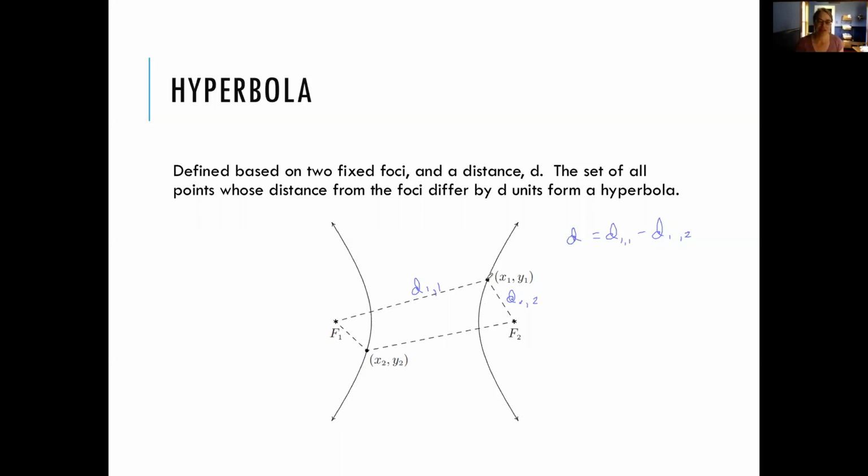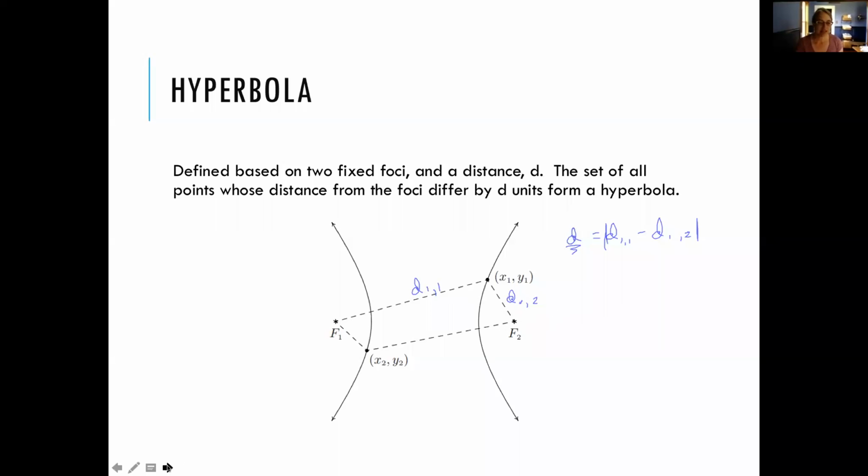But regardless, if we take the difference between these two distances, we're going to get this distance d. So this should actually probably be an absolute value, because it depends on which one we define as 1 and 2.